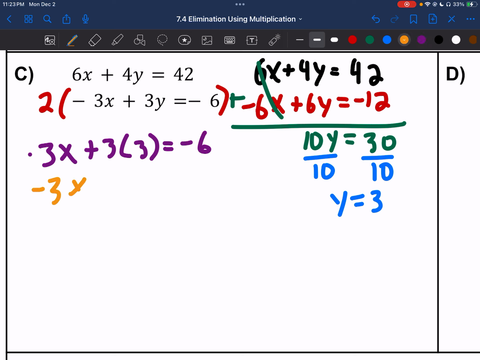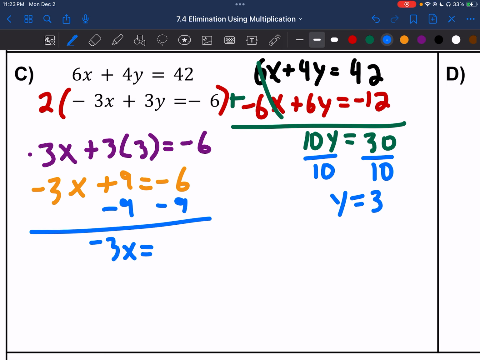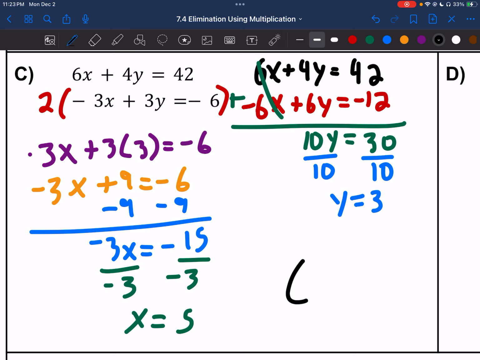We are going to multiply. 3 times 3 is 9, which we are then going to subtract from both sides. Negative 3x equals negative 15. And lastly, we divide by negative 3. X is equal to 5. So my ordered pair, my solution, is 5, comma 3.